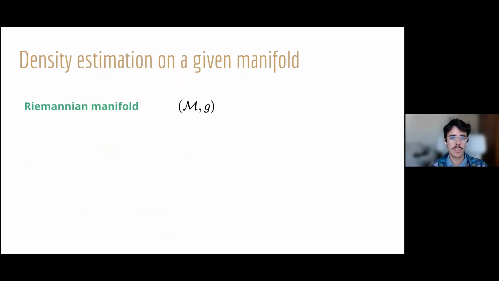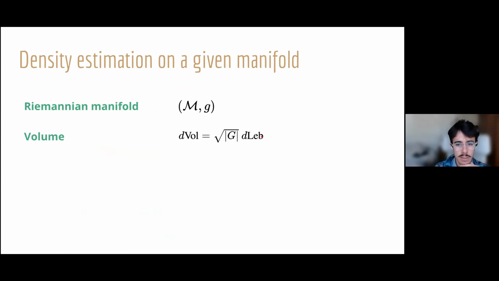Very briefly, we are assuming that we're given a Riemannian manifold. I'm going to assume that people have basic knowledge of Riemannian geometry. If not, please interrupt. There is no need to know everything. So we have a manifold and a metric, and I'm just going to mention this and then won't mention it again.